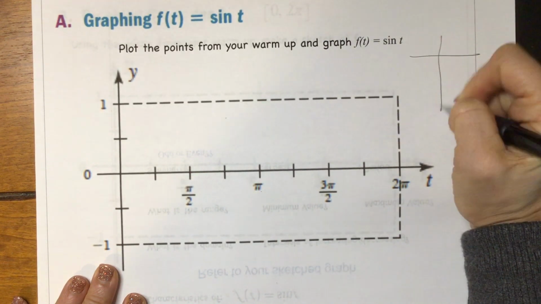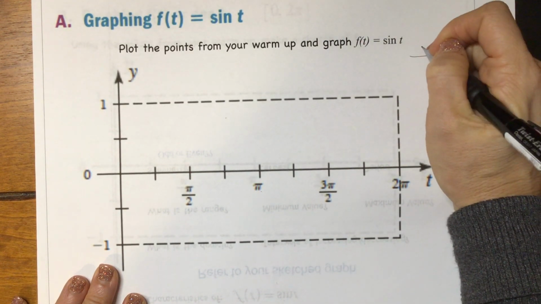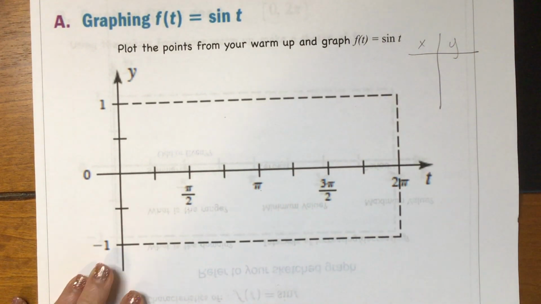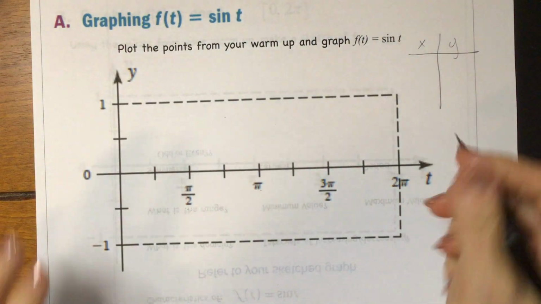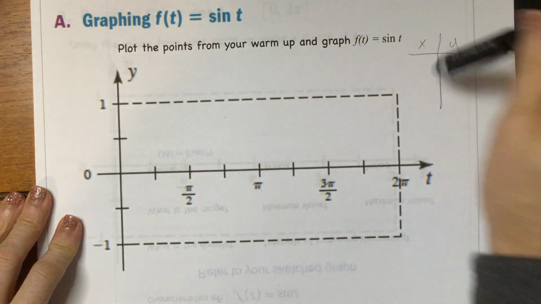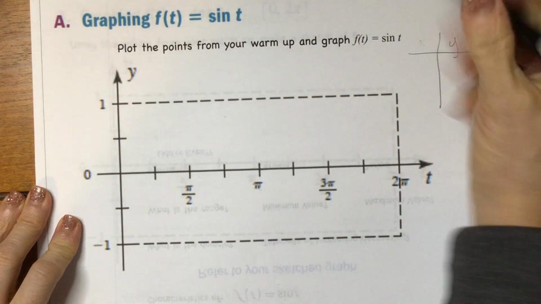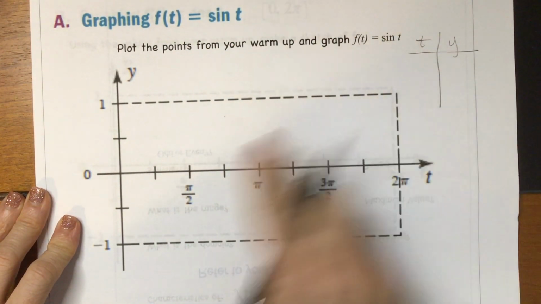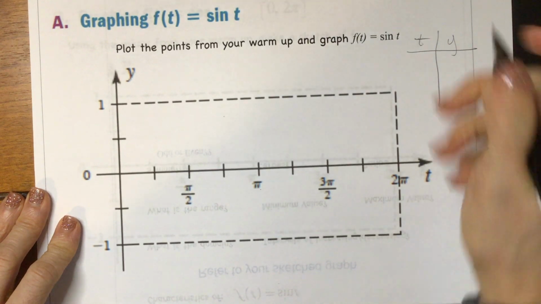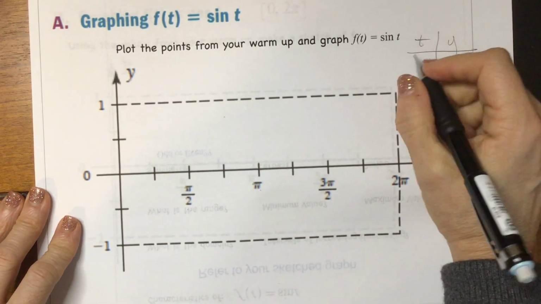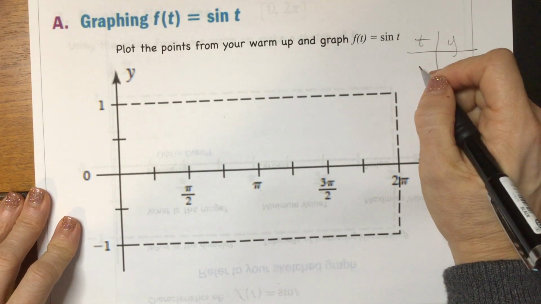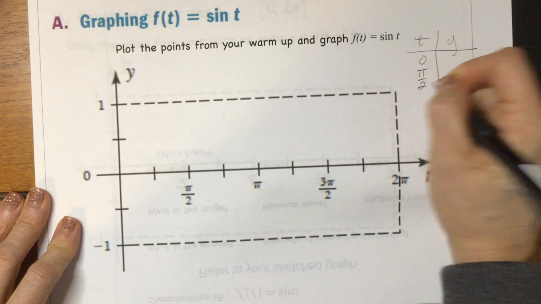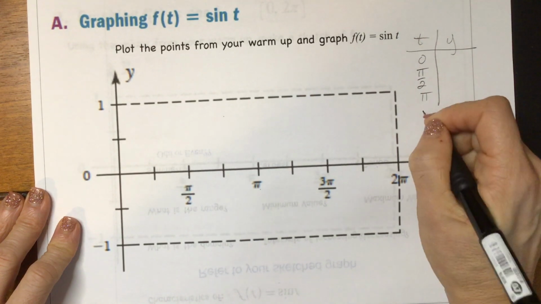If I made myself a little chart where I call this t values, and y, because that's sine, T is our angle. At 0, and then pi over 2, here's our 4 parts.